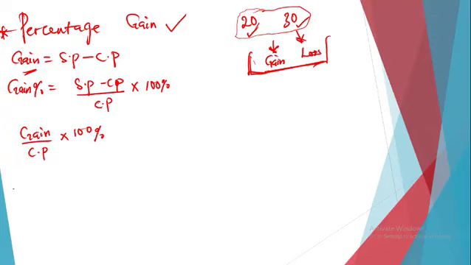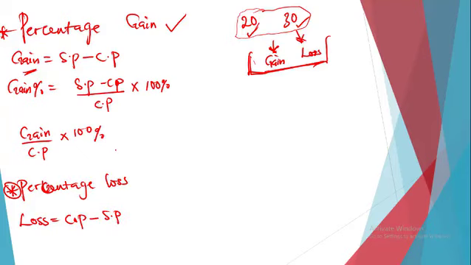Then for percentage loss, loss is equal to cost price minus selling price. Then loss percentage, or percentage loss, is equal to cost price minus selling price all over cost price times 100%.